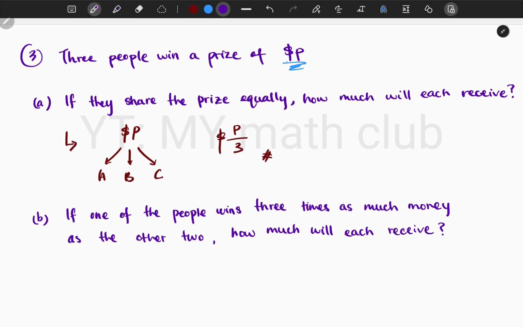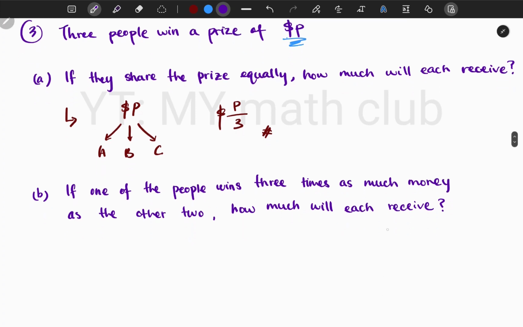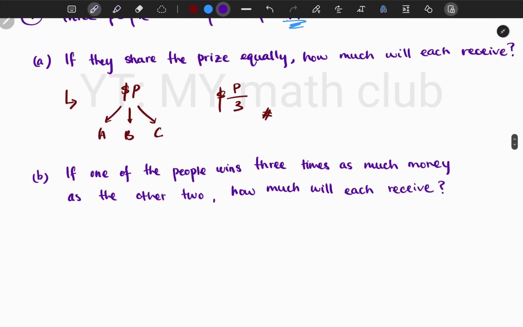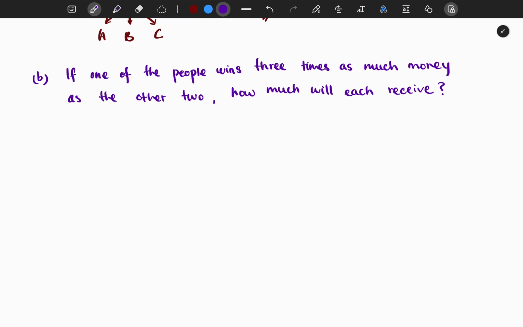Question B. If one of the people wins 3 times as much money as the other 2, how much will each receive? For this question, even though there are 3 people sharing the prize, one person is going to take 3 times as much as each of the other 2. So from the 3 people, person A is going to get 3 portions, and person B and person C are each going to get 1 portion.